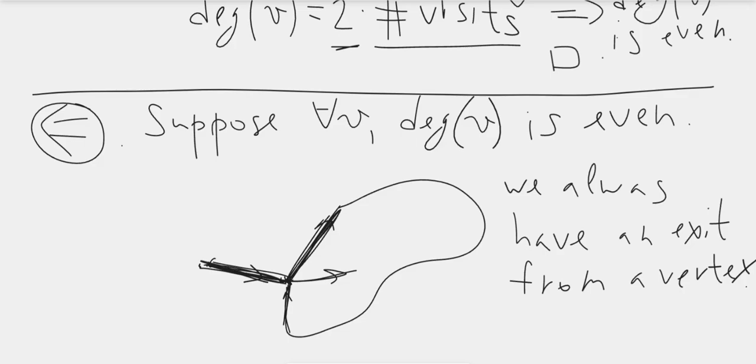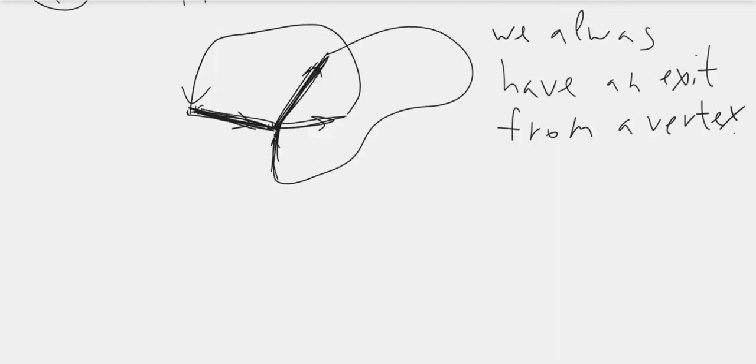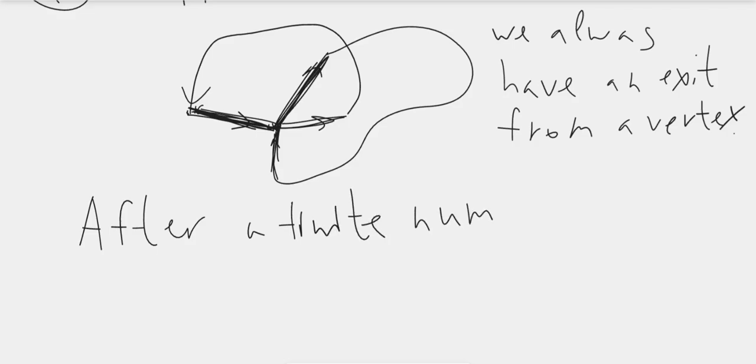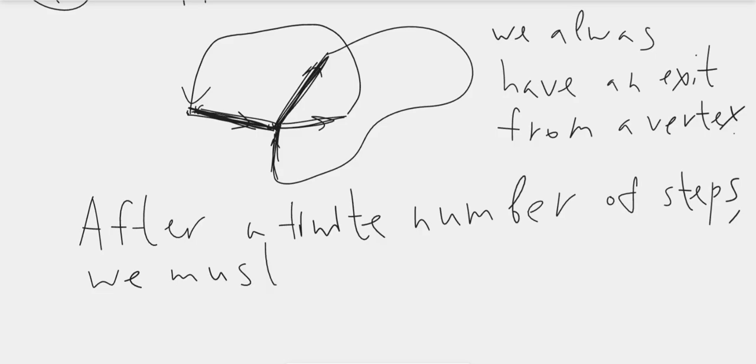Because the number of edges and vertices in the graph is finite, sooner or later we must return to the original vertex, after a finite number of steps. We must return.